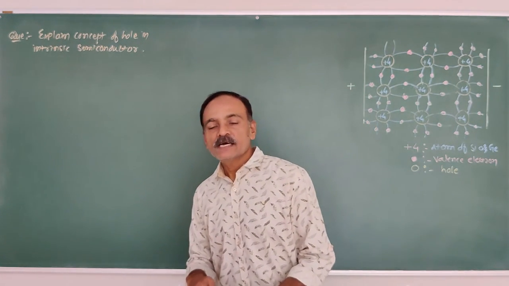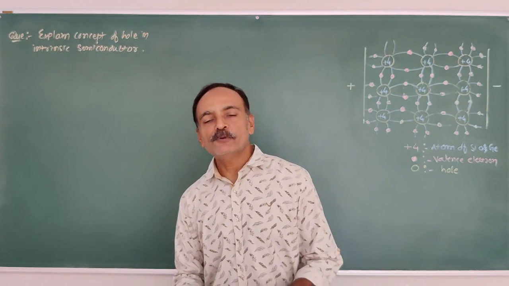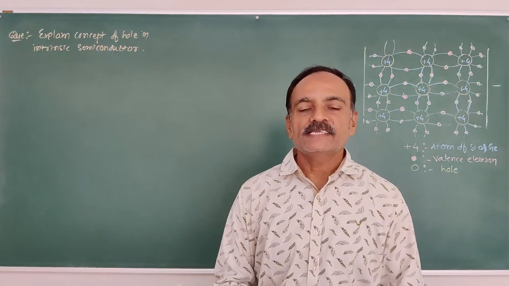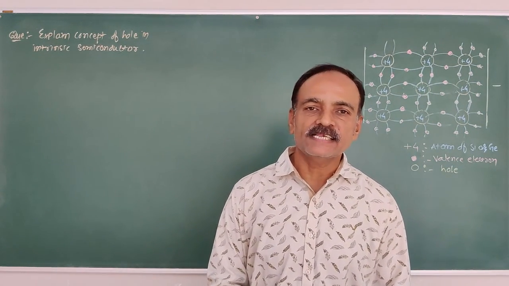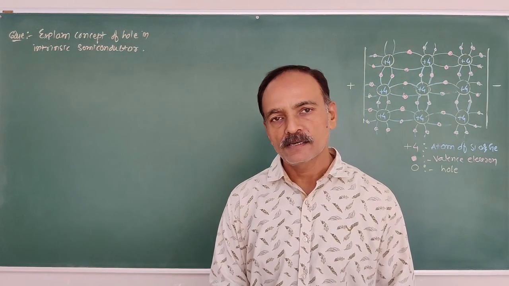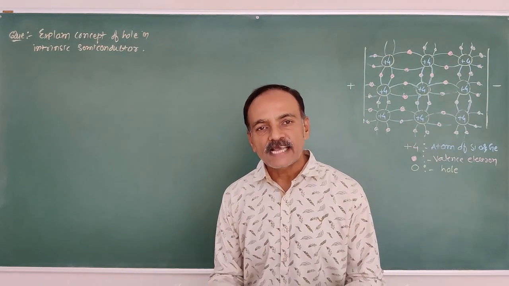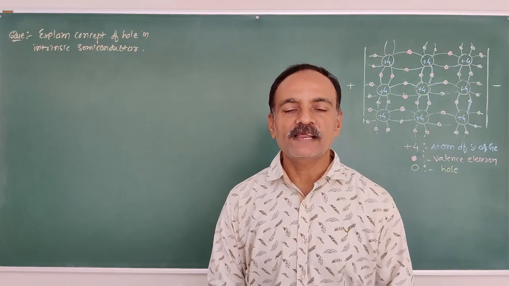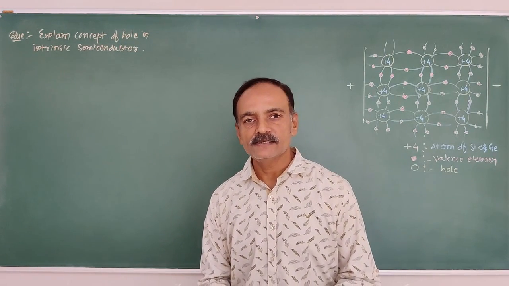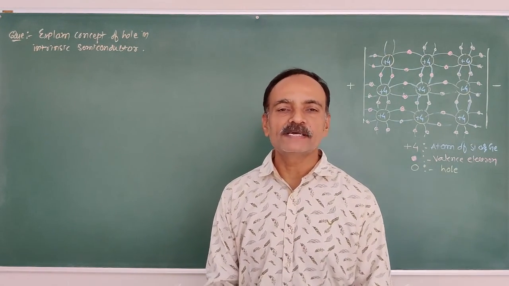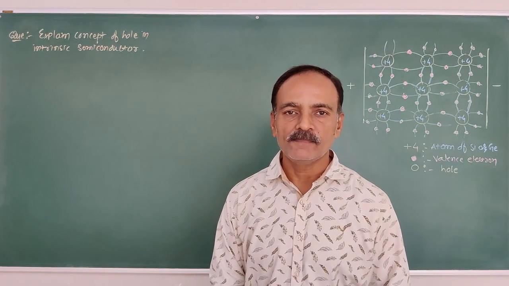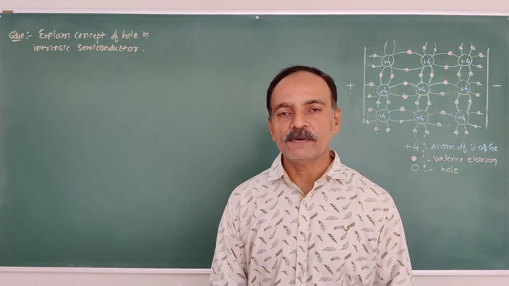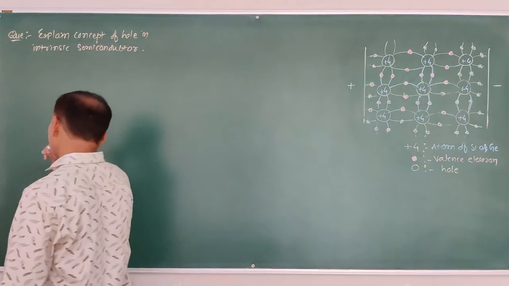For that purpose, we just discussed pure semiconductors. At 0 Kelvin temperature, all the valence electrons are bound in covalent bonds. Therefore, there is an absence of free electrons in a pure semiconductor. Therefore, at 0 Kelvin, silicon and germanium, pure semiconductors, act as a perfect insulator.